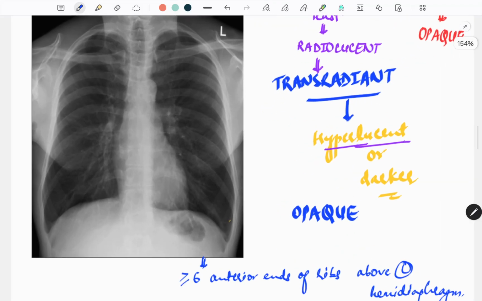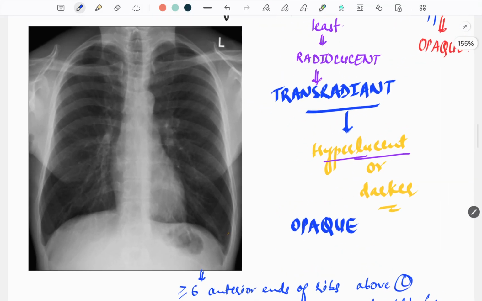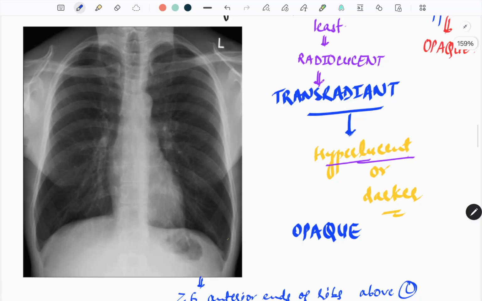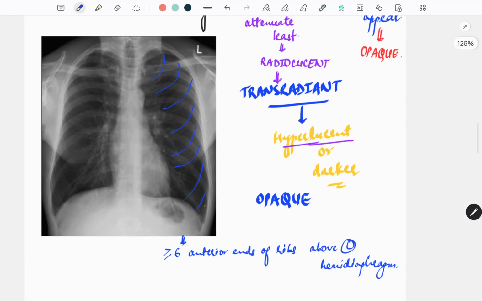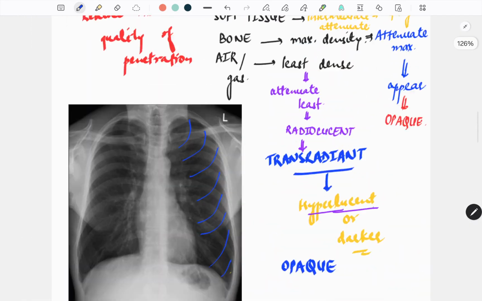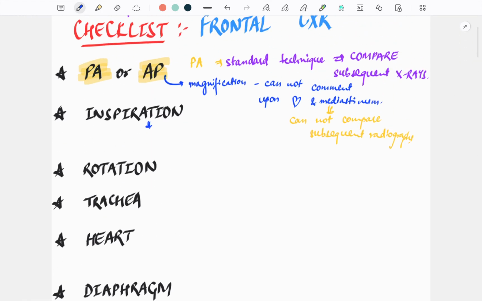Now we'll count the ribs. This is first, this is second, third, fourth, fifth, sixth, seventh, and eighth. So this X-ray is having adequate inspiration.